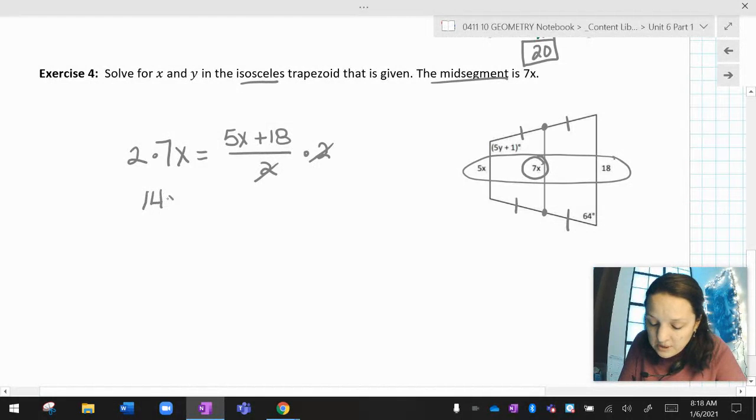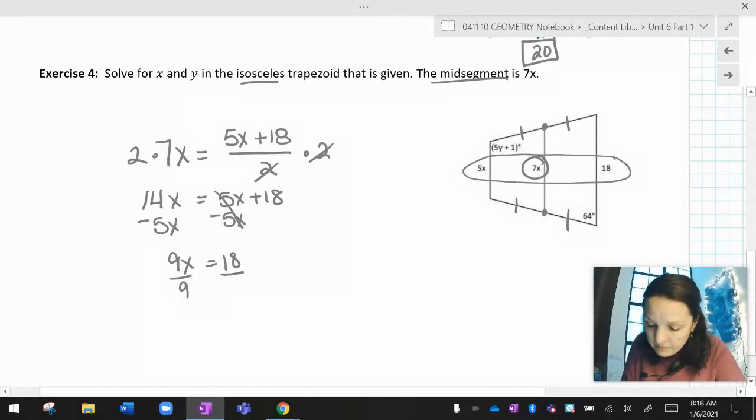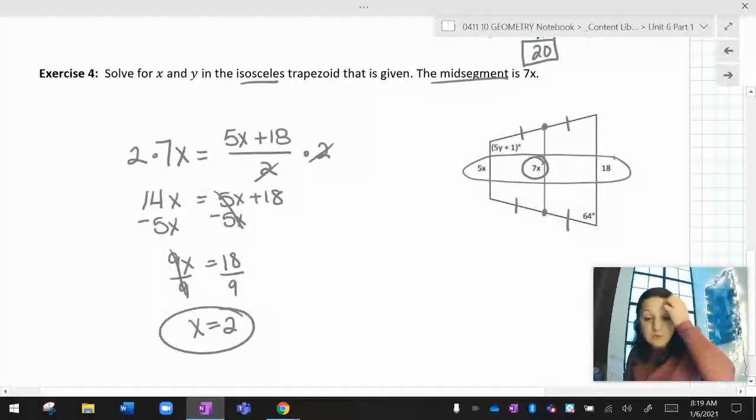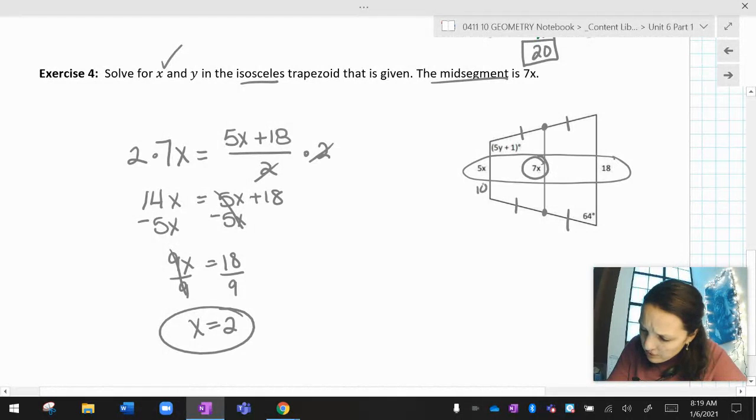So now I have 14x equals 5x plus 18. And now I'm just going to keep going and solve. And get x equals 2. Solve for x. Done. Let's plug it back in to make sure it makes sense, though. That would make this a 10, and that would make this a 14, and that's 18. Add 4, add 4. I'm feeling pretty confident.